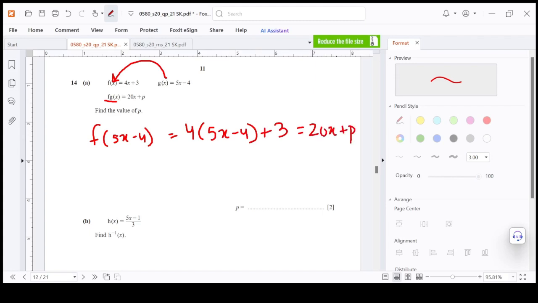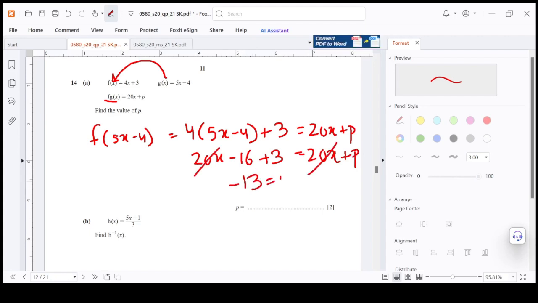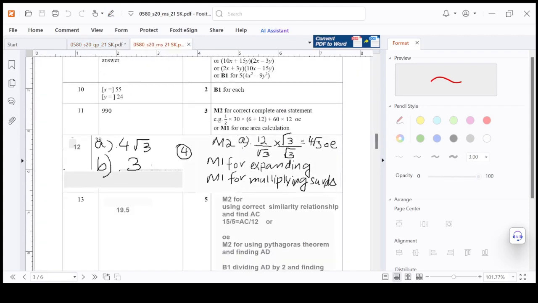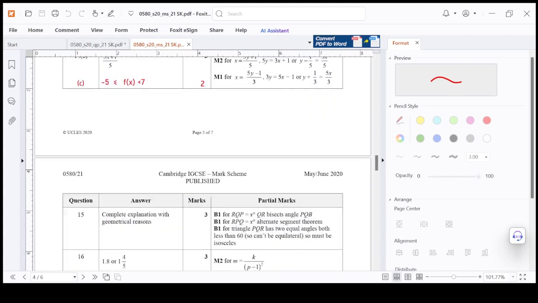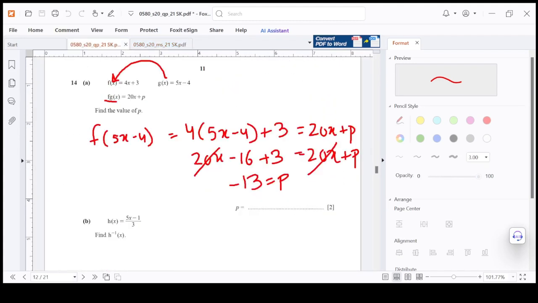Now simplify the left-hand side. 20x minus 16 plus 3 equals 20x plus b. The 20x cancels, and we have minus 13 equals b. Let's check. Yes, that is right.